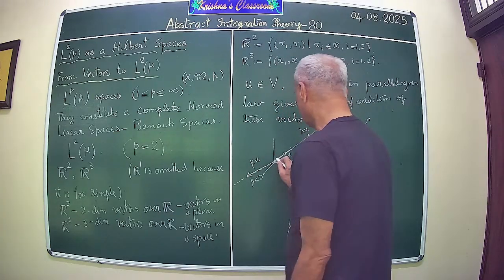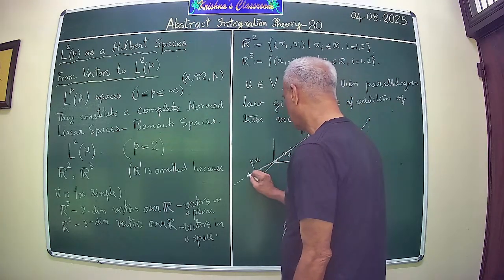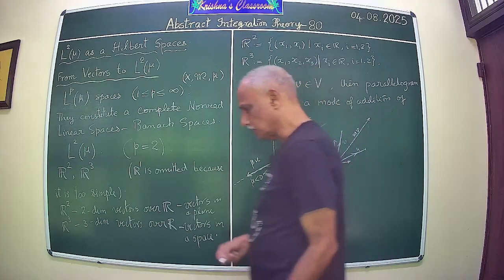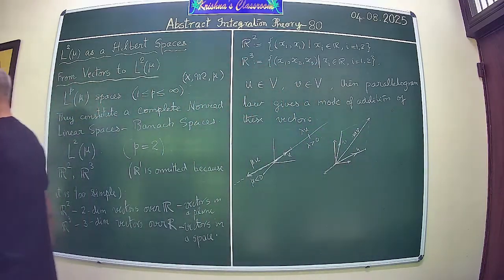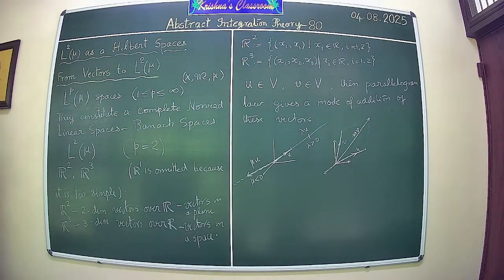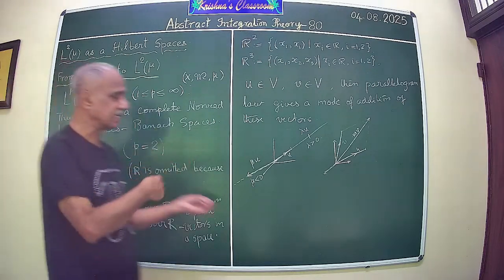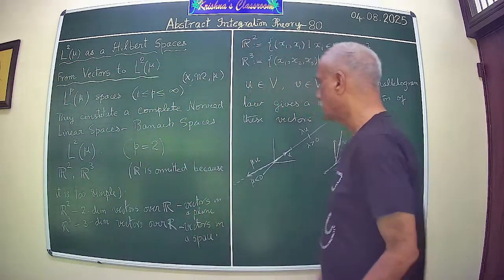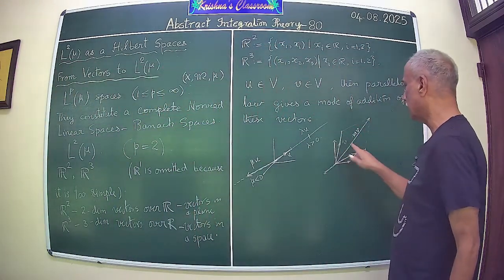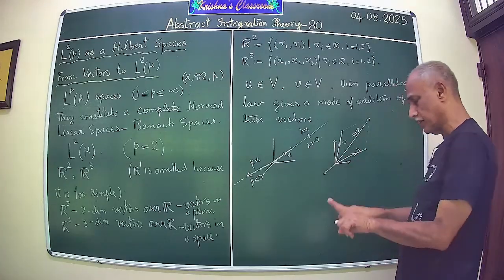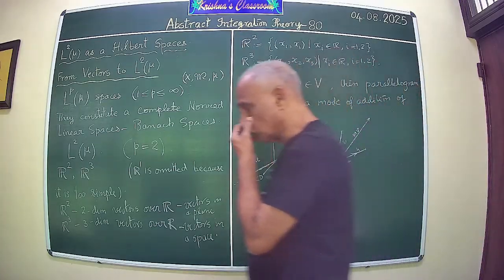Then the vector mu will be in the opposite direction, and so this is how new vectors can be generated from two given vectors by using the parallelogram.